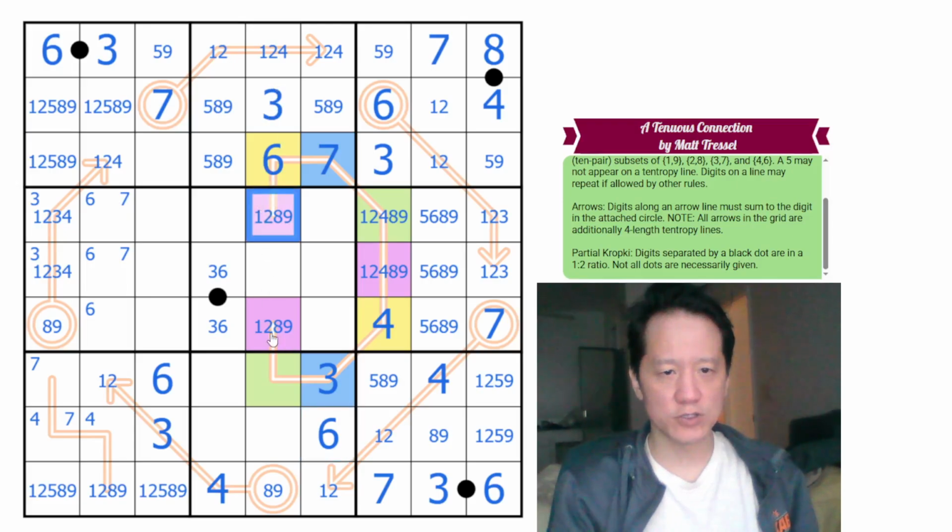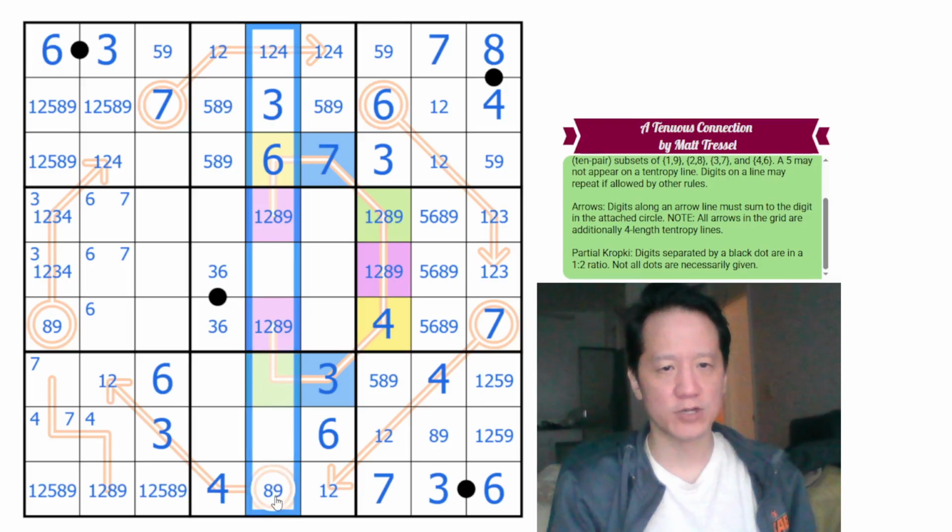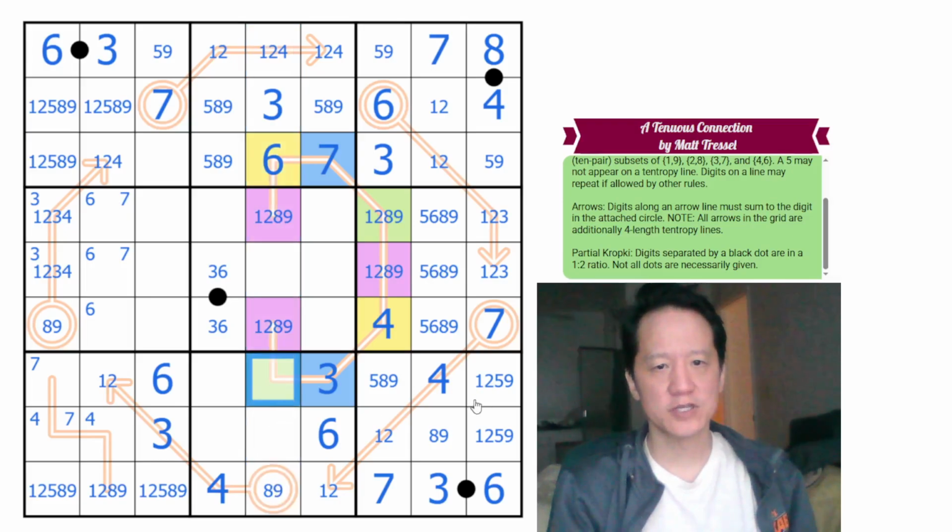One of these is 1, 2, 8, and 9. The other 8 or 9 has to be here. And these can't be 4. So therefore, this is a 1, 9 or 2, 8. Either way, there's an 8 or a 9 in this pair, which means this is 8 or 9, which means 8 or 9 cannot appear in the rest of the column. So this has to be a 1 or 2 to match 1, 2.